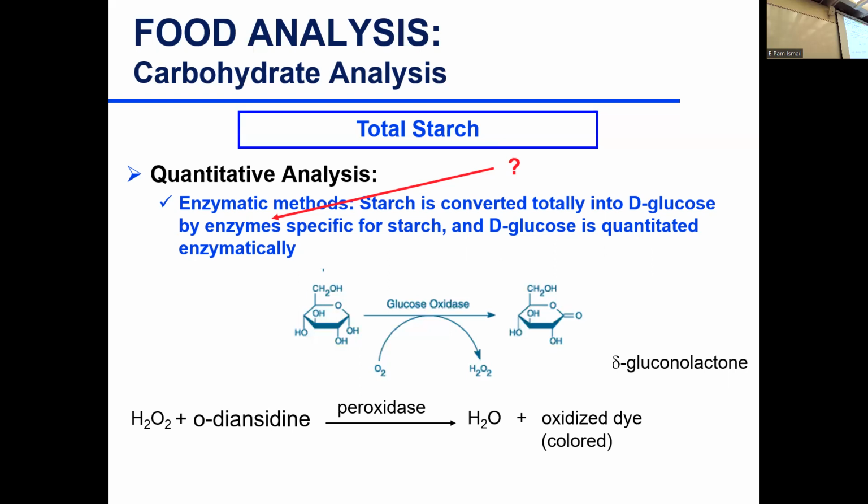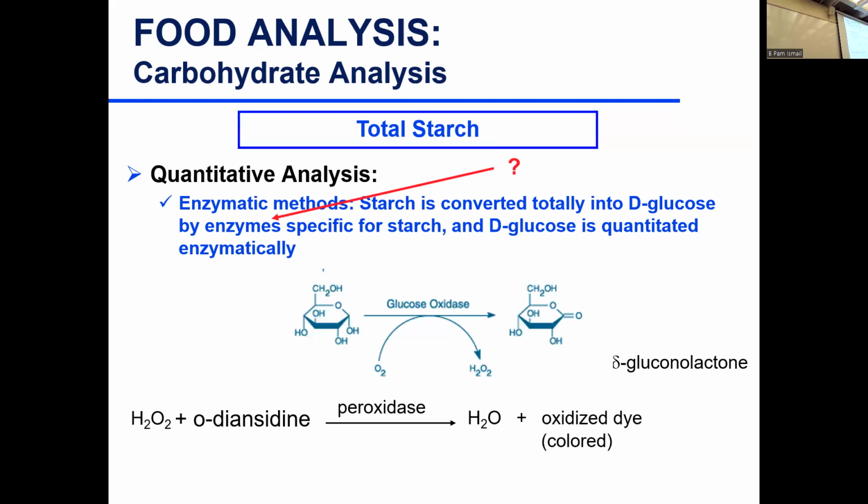So you want to remember this reaction. You don't have to remember the structure. You need to remember glucose, adding glucose oxidase, getting a peroxide, using a peroxidase, reduced dye, oxidized dye.